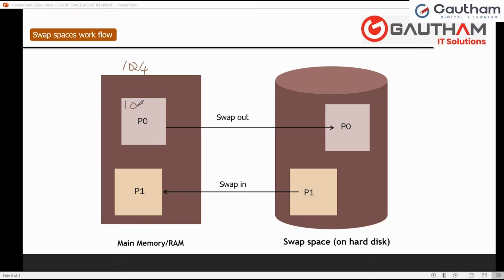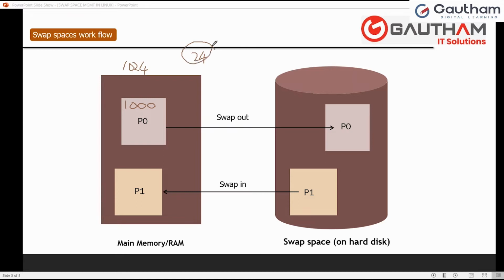There are many processes sitting inside the RAM, and they occupy around 1000 MB of capacity. Out of 1024 MB, if 1000 MB is gone, how much are you left with? We are left with just 24 MB, right? So you have only 24 MB of RAM space available.